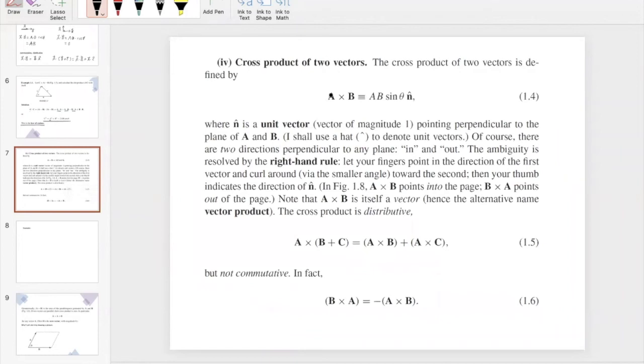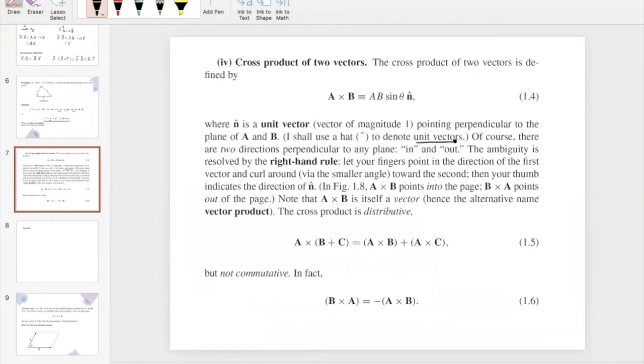Now let's see, A cross B equals the magnitude of A times the magnitude of B times sine theta, where theta is the angle between A and B, times n with a hat. n with a hat means the unit vector.